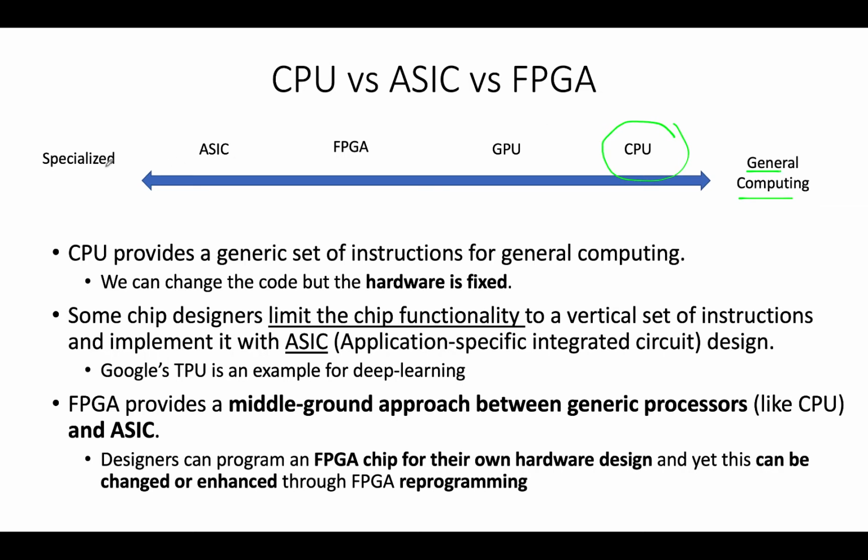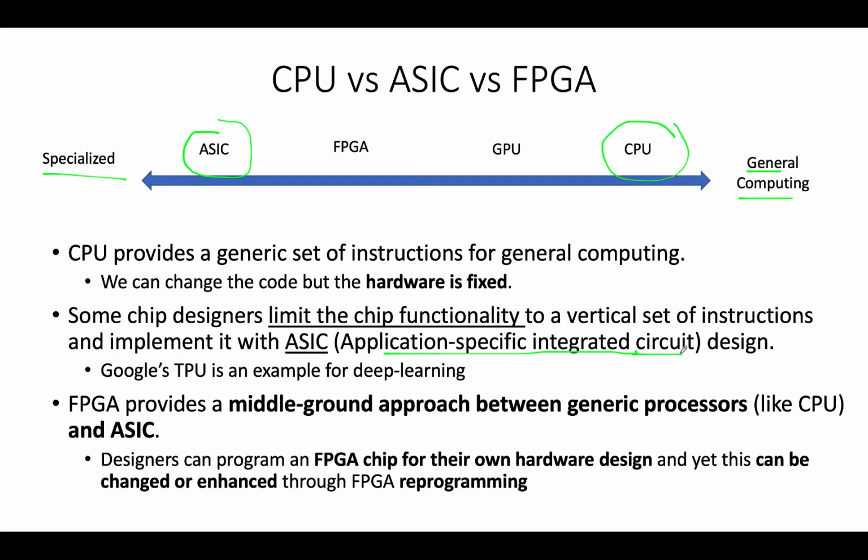On the completely other part of the spectrum, we have a super specialized computing devices called ASICs. That stands for application-specific integrated circuit. So some chip designer limit very much the chip functionality to a very restricted number of instructions, and they implement this instruction with the ASIC, what we call application-specific integrated circuit.